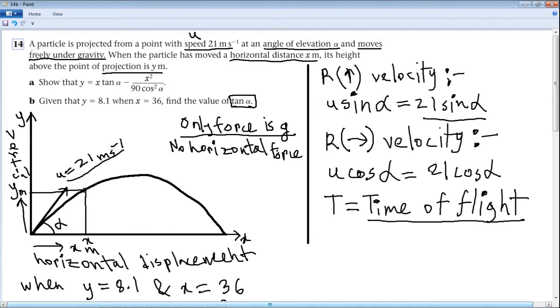Now let's get back to the question. Now we are going to solve the second part of this question. If you have missed the first part, please click the link given here.